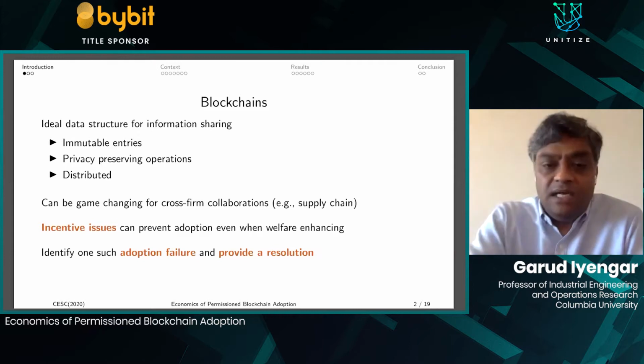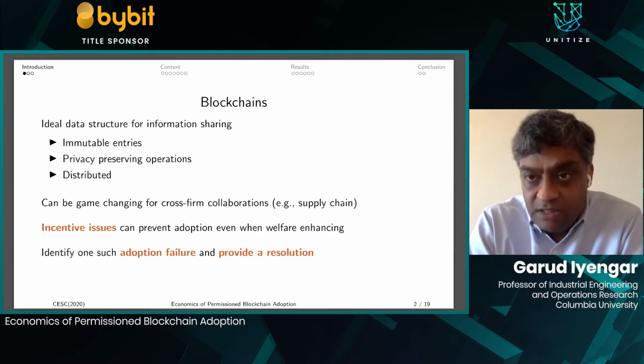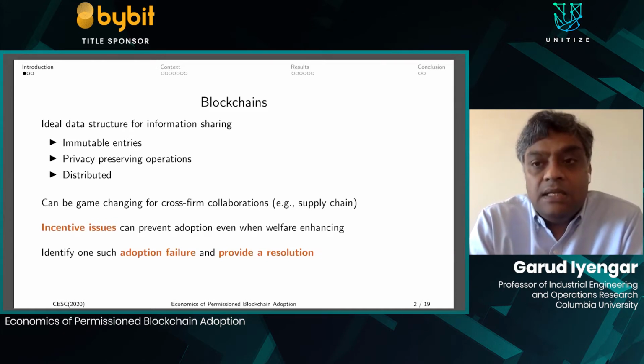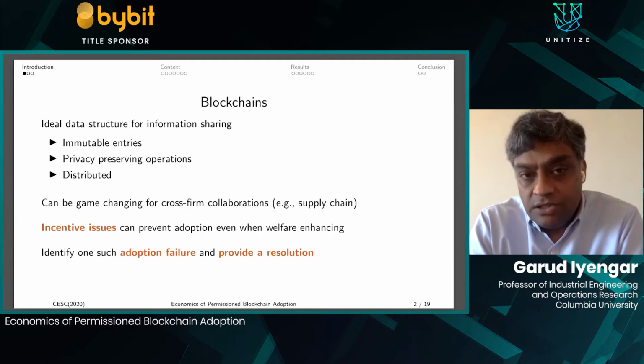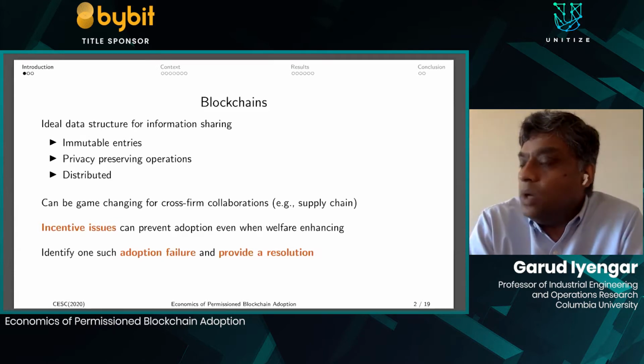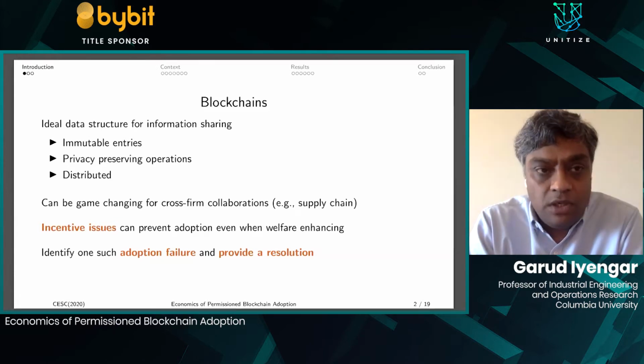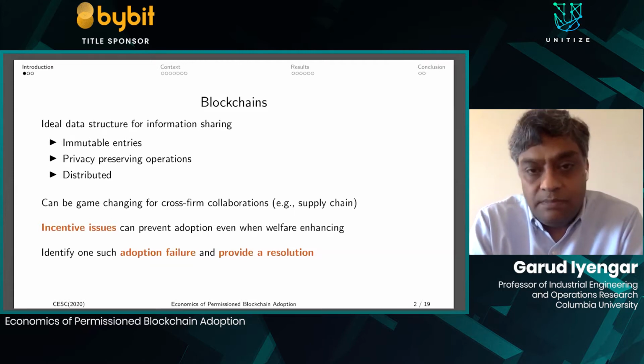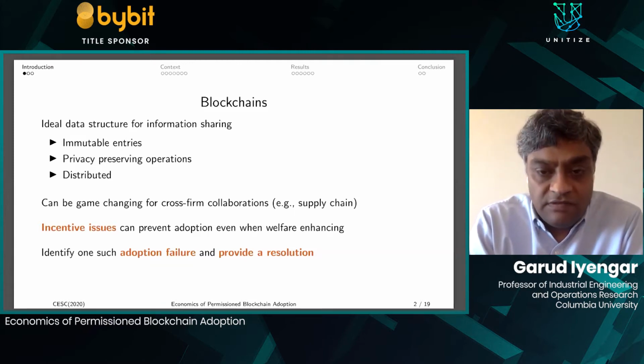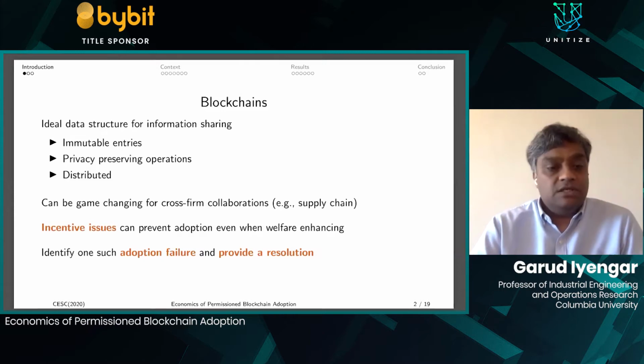But what we've been seeing is that although from a computer science perspective, from the perspective of the underlying consensus mechanism, all things are great, they are not being adopted in many industries. One of the things we wanted to investigate was what are the industrial organizational aspects that are preventing blockchains from getting adopted in some industries.